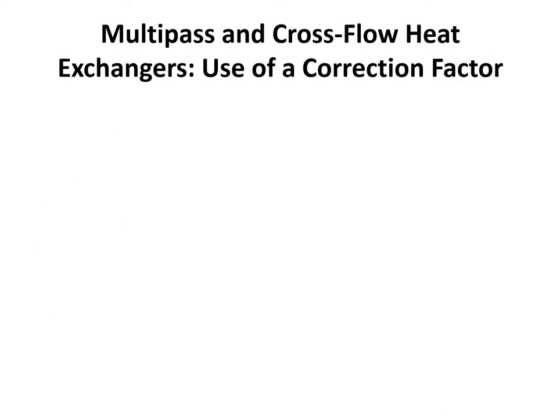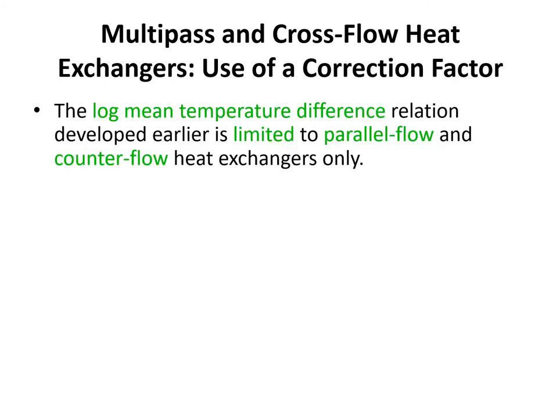For the multi-pass and cross-flow heat exchanger, we can use the formula for log mean temperature, the LMTD method just now, but we need to multiply with the correction factor.